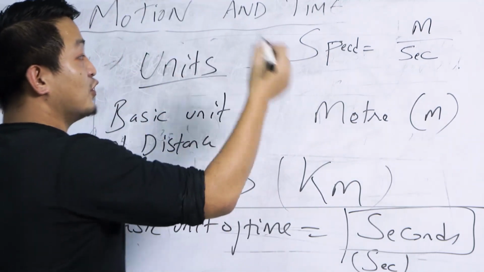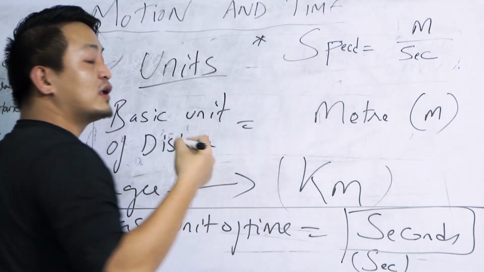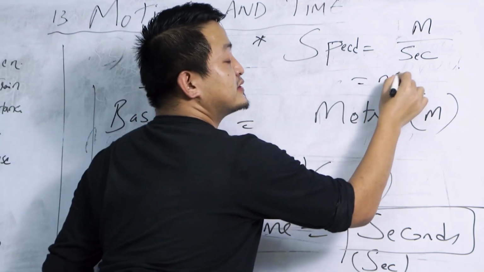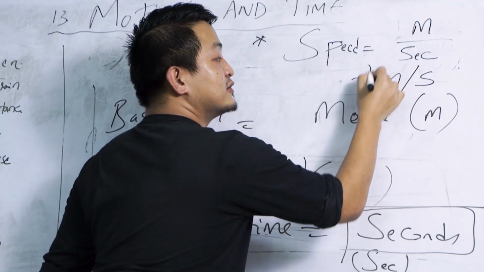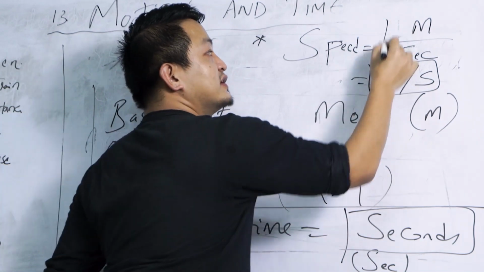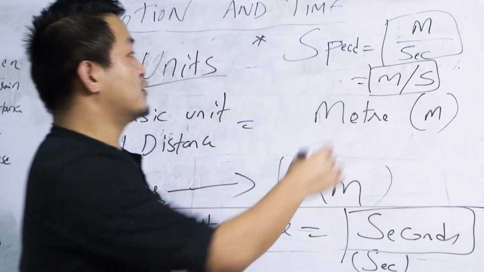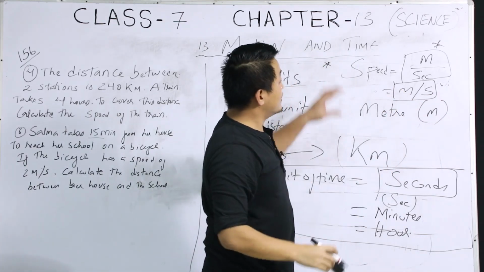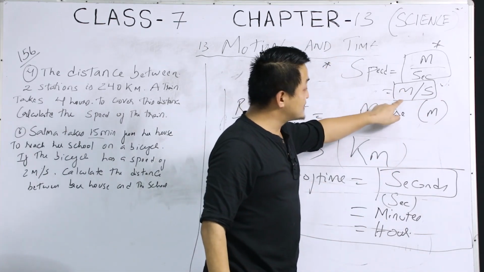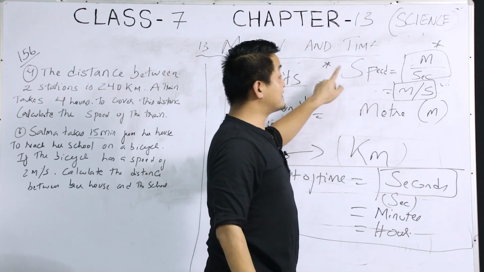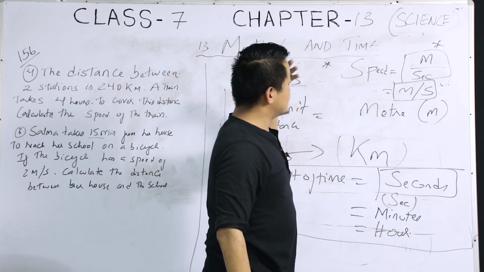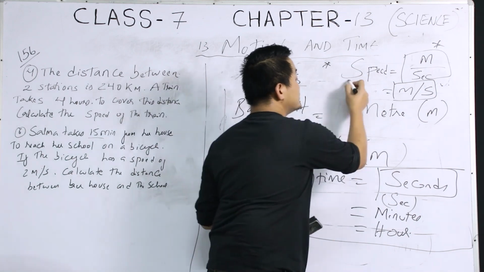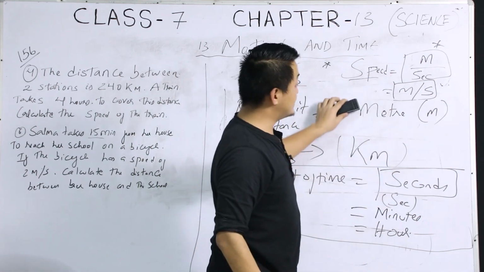So whenever we do calculation for the speed, the unit should be meter per second. You can show it in this way or in this way. Both one and two are right, it's the same thing. So the unit of speed is meter per second. The one that I wrote here is the basic unit.